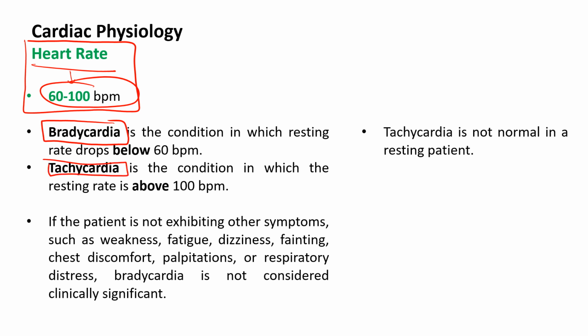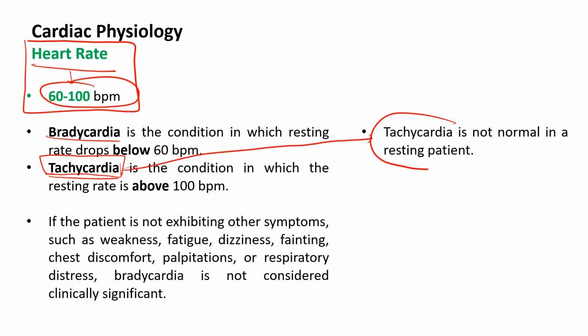And what I want you to remember here is that tachycardia at rest, meaning that the person is not doing exercise, and has not been eating or drinking something like Coca-Cola, coffee, or whatever can increase your heart rate, is always abnormal. It's always pathologic.